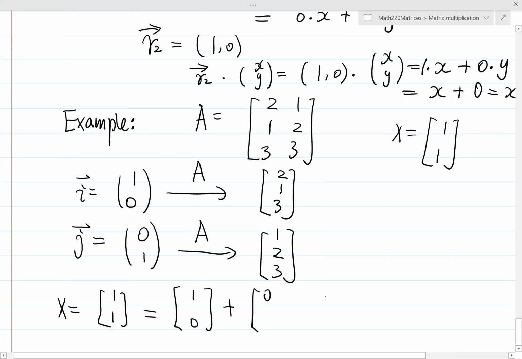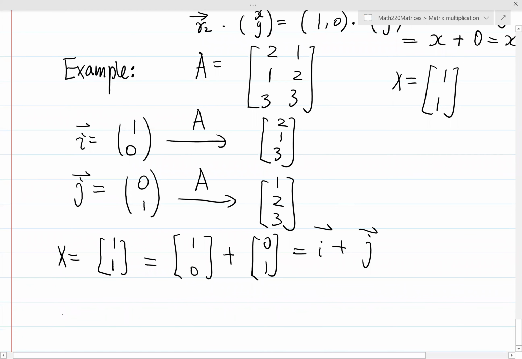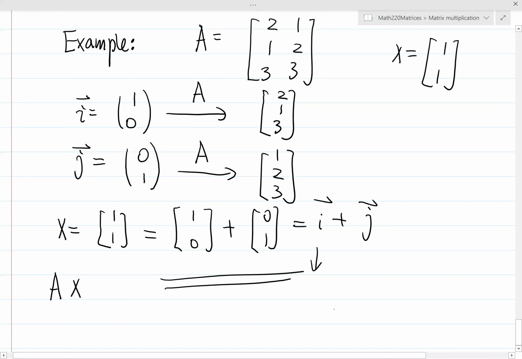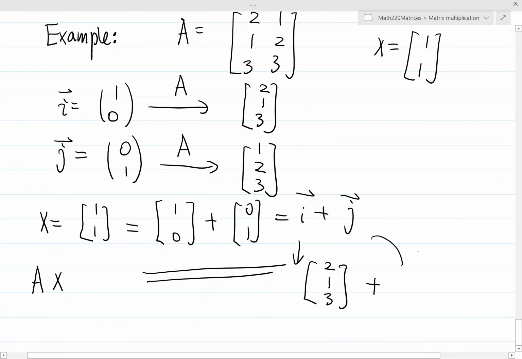So it's I plus J. Now under this map A, applying A to X, we should get the output of I under the map of A, which is 2, 1, 3, and the output of J under this rule A, which is 1, 2, 3.